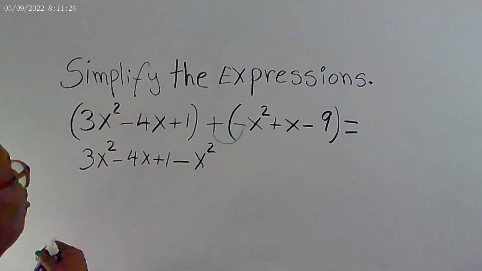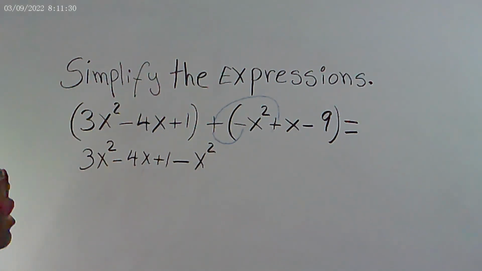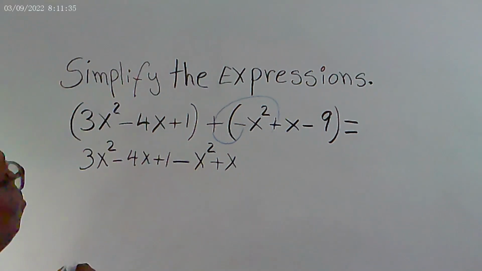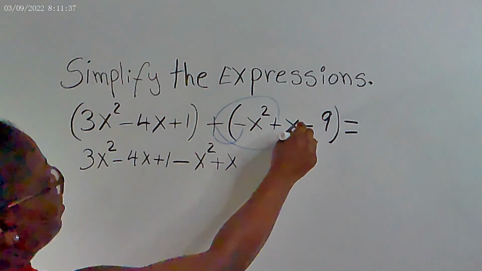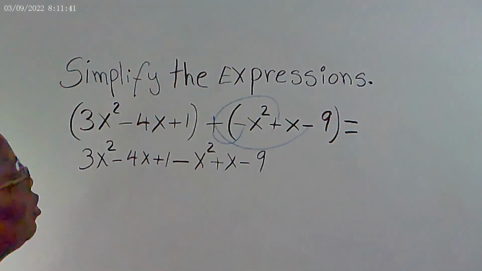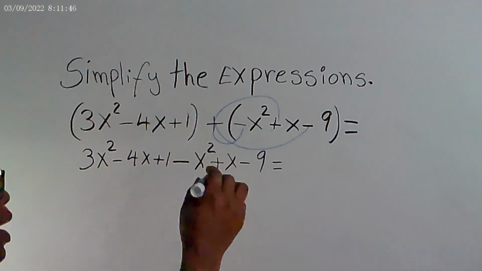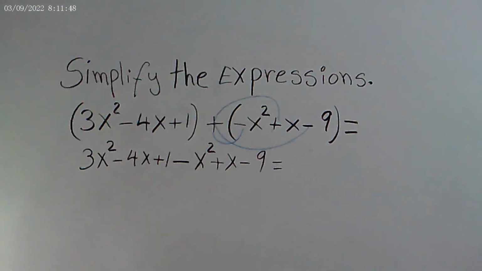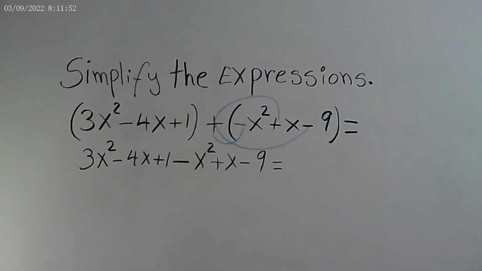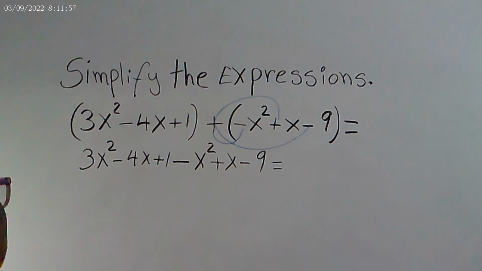And then plus times plus x gives you plus x. And then plus times minus 9 gives you minus 9. Because a plus times a minus gives you a minus, a plus times a plus gives you a plus, and a minus times a minus gives you a plus.